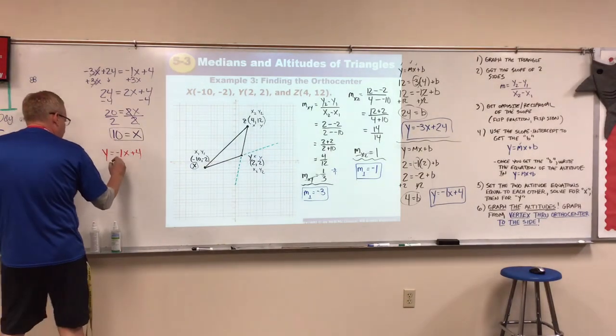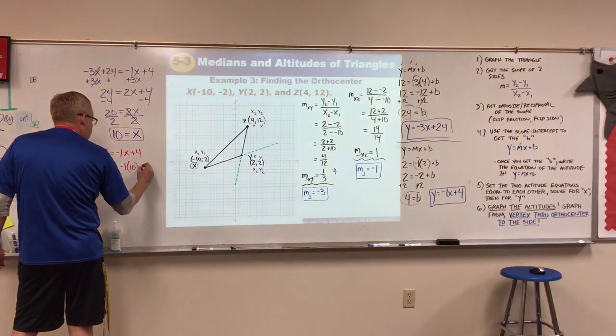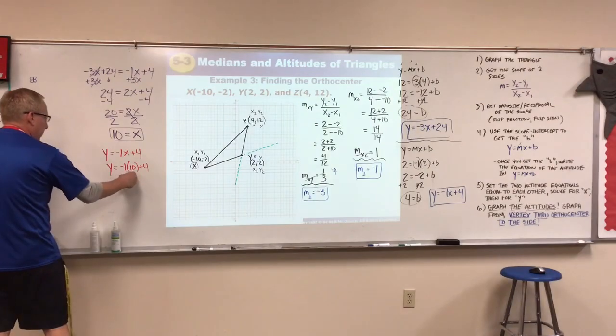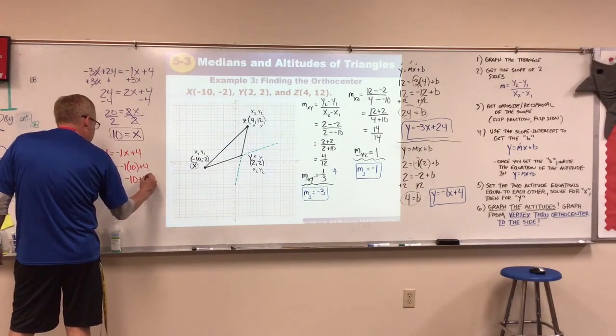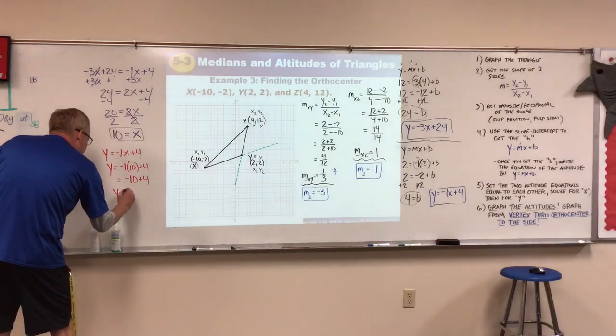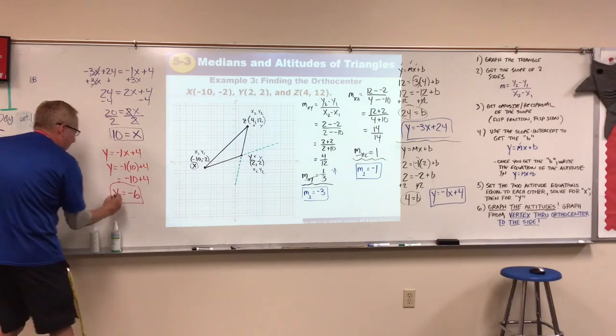Y equals negative 1 times 10 plus 4. Negative 1 times 10 is negative 10 plus 4. Y equals negative 6. That is my y value.